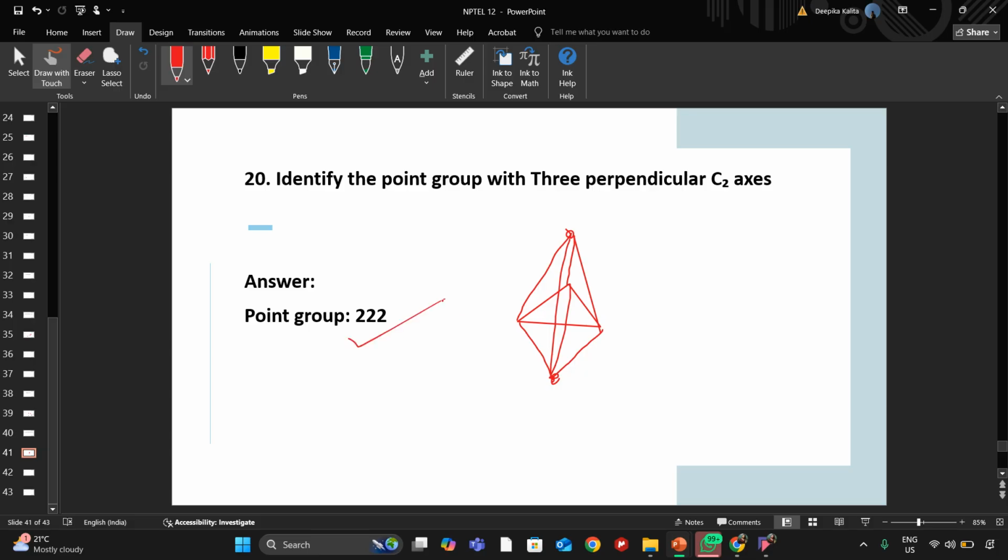So this will have a 222 point group. I hope this is clear to you.